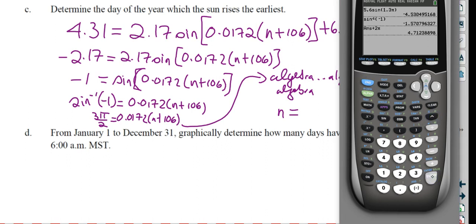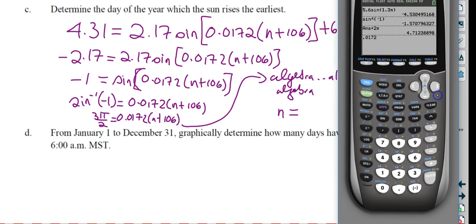And then divided by 0.0172, enter, okay, minus 106, enter, 167.9. What are we going to call that? 168.